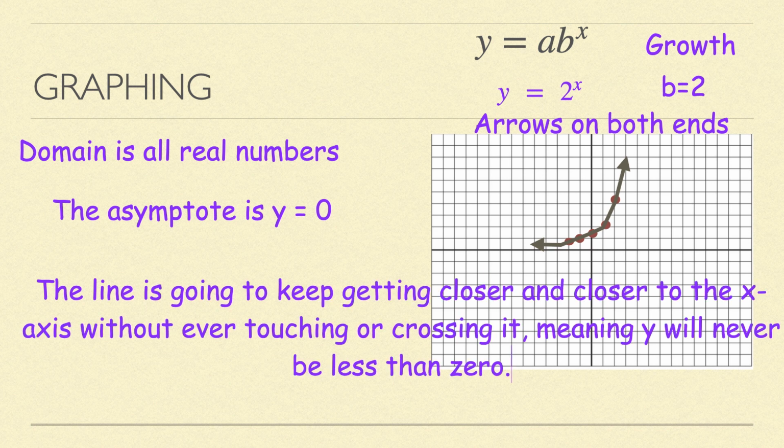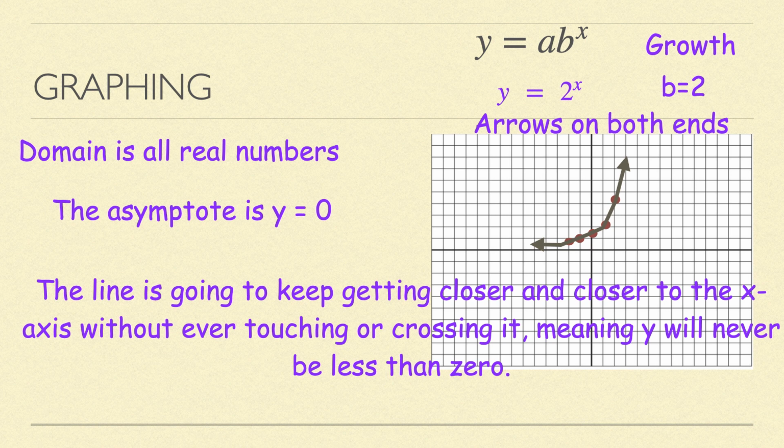Now I'm going to talk to you about that in a couple slides, but I want you to keep that in mind. I'm just telling you right now that the asymptote is 0. I'm going to tell you how to find it in just a few minutes. So hang on, I promise I'll make it clear. Remember that line is going to keep getting closer and closer to the x-axis without ever touching or crossing it, meaning that y will never be less than 0.